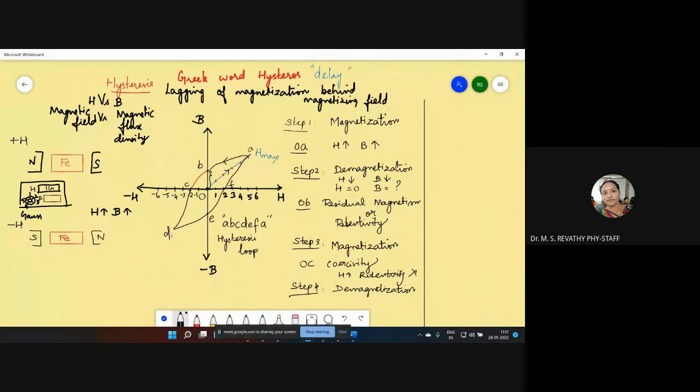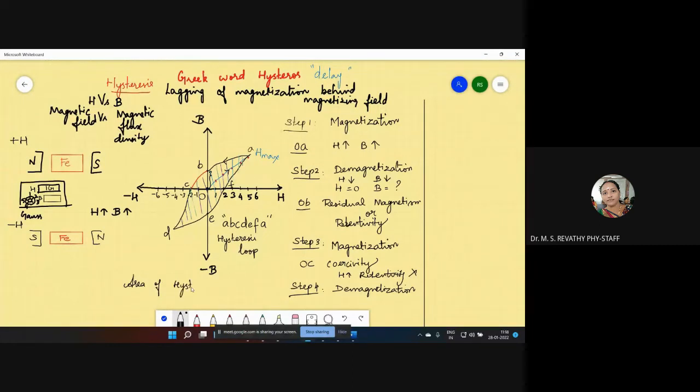The area inside the hysteresis loop or curve is called the energy loss.